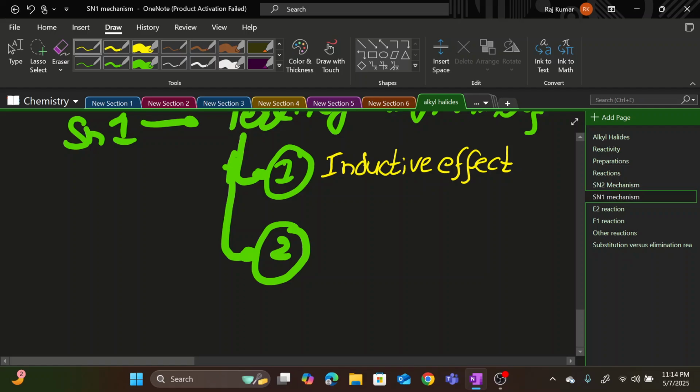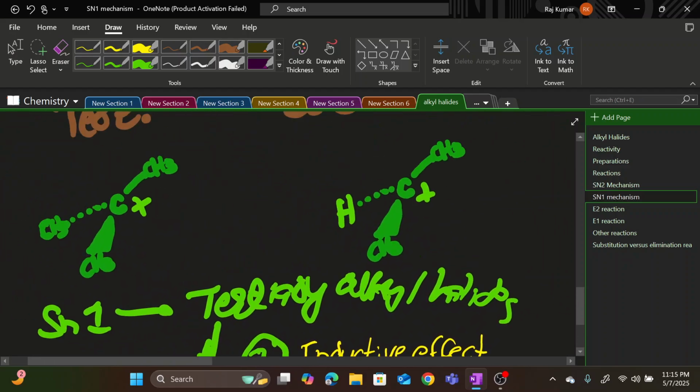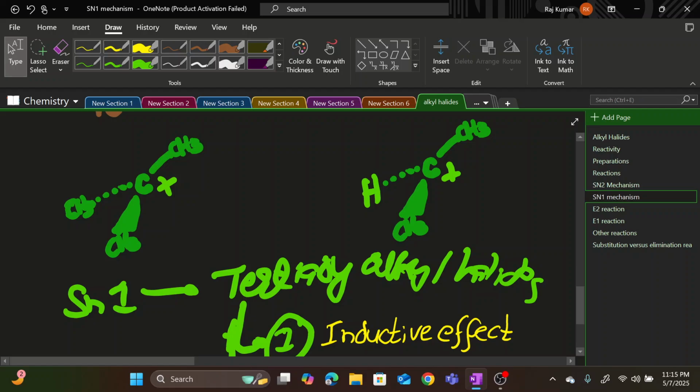And the second reason is the stability of tertiary carbocation. What does it mean? Let's understand. If you see the inductive effect, you just see the structure of this carbocation, you will find a few things over here.